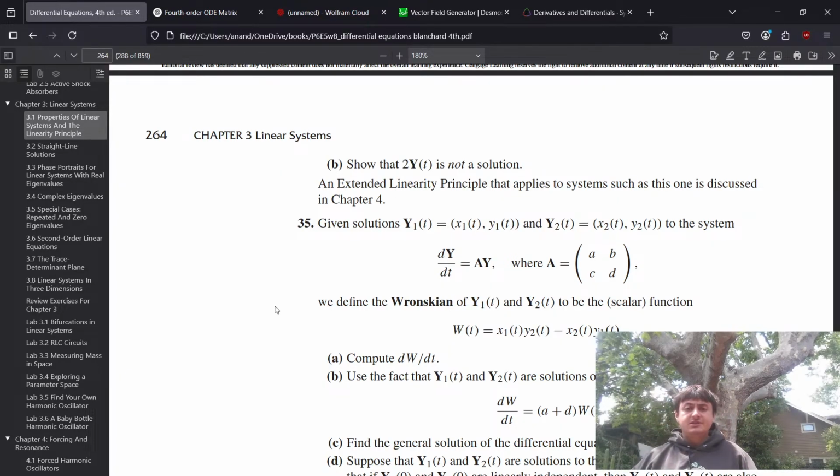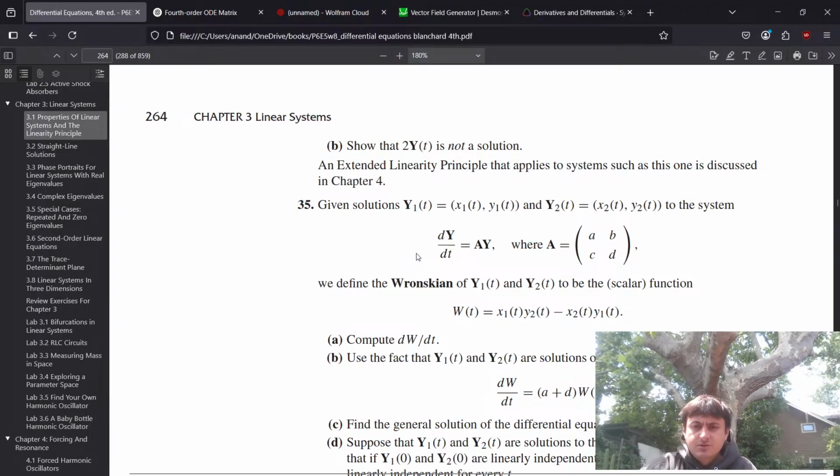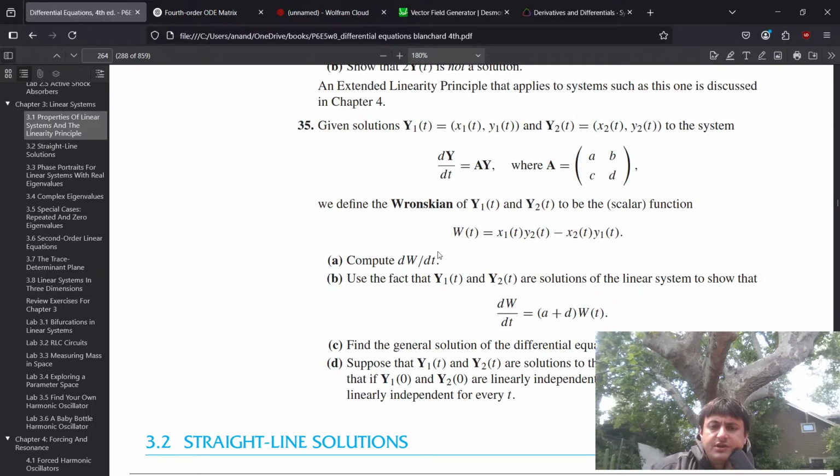All right, 35. Given solutions y1 and y2, define the Wronskian of y1 and y2 to be the scalar function, the determinant of the two solutions. Compute dW/dt.